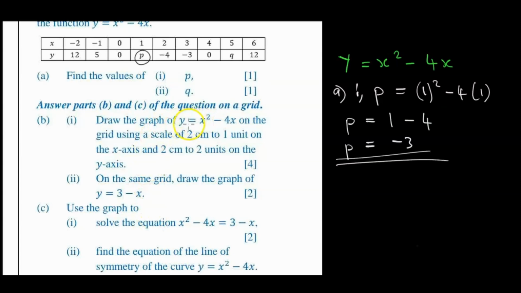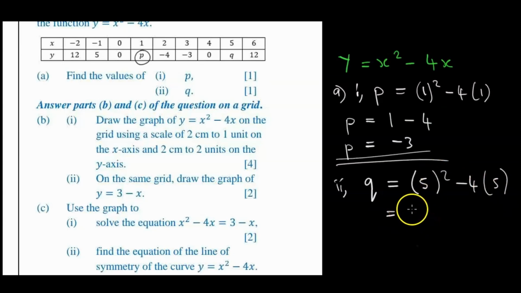So we have calculated and we see that p is equal to minus 3. Then let us look at q. Q again is amongst the y values, and the corresponding x value of the point where we have q is 5. So here we are just going to say q is equal to 5 squared minus 4 multiplied by 5.